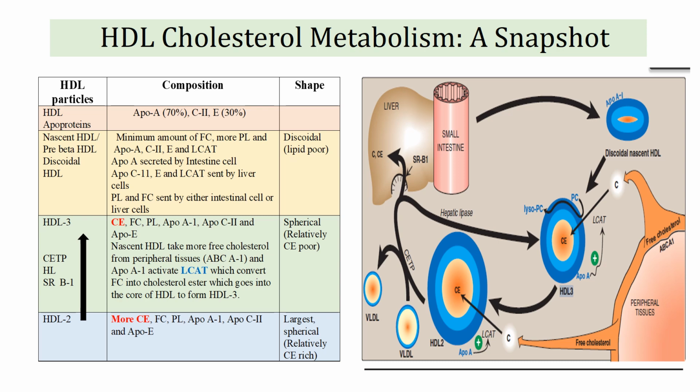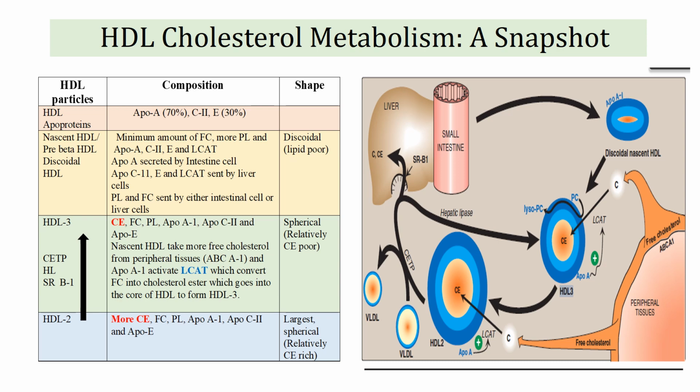Now the liver has scavenger receptor B1, which takes cholesterol ester from HDL2. It also has hepatic lipase, which catabolizes TG of HDL2 and converts it into HDL3 again. And this is how the cycle goes on. Remember one thing, that the liver does not take whole HDL2.